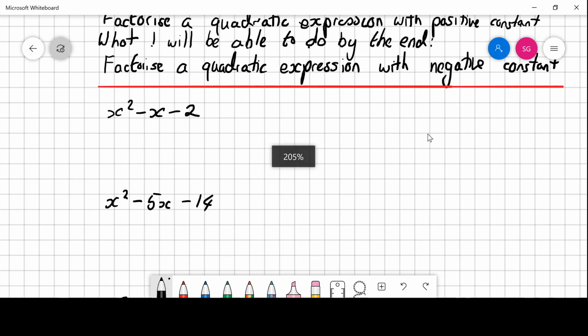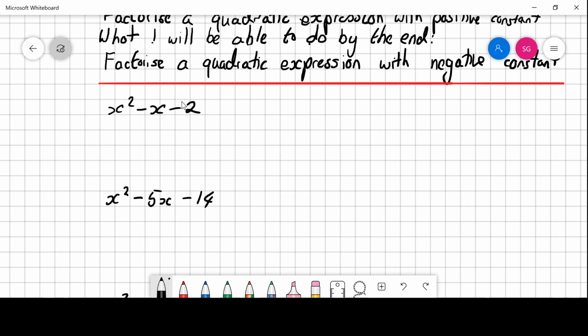Okay, so let's have a look at x squared minus x minus 2. If we were doing this with positives, we'd go, 2 equals 2 multiplied by 1. That's the only factorization of 2 you can do.